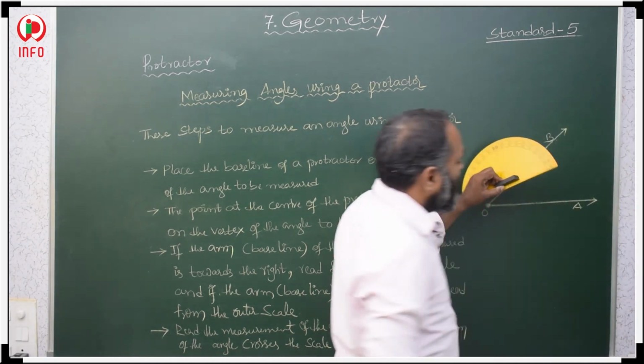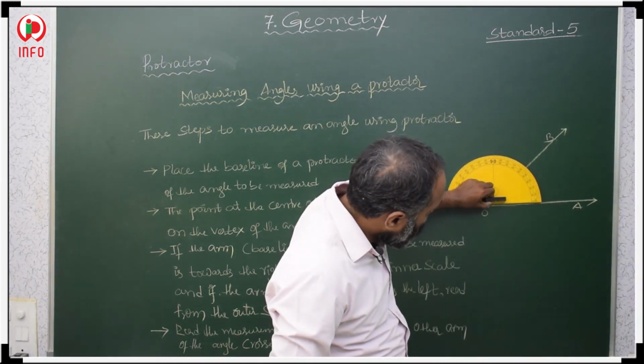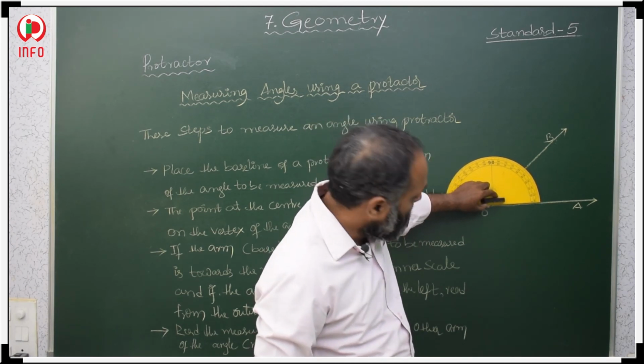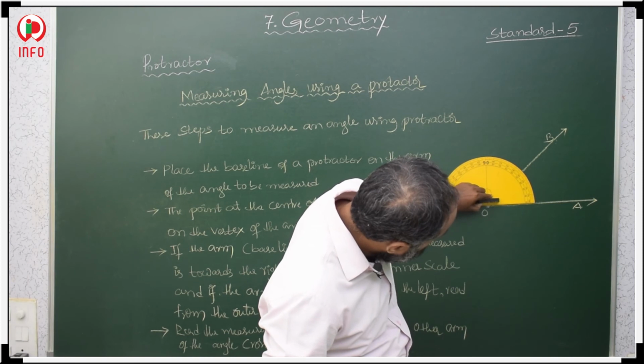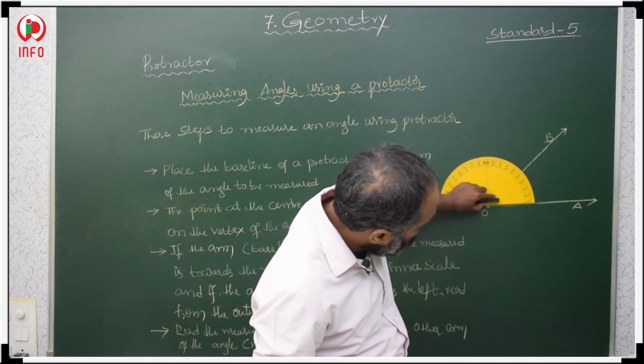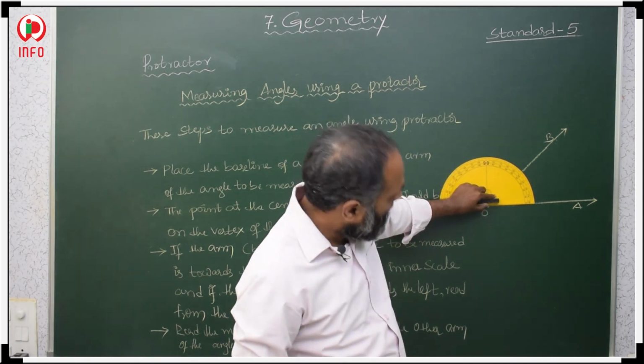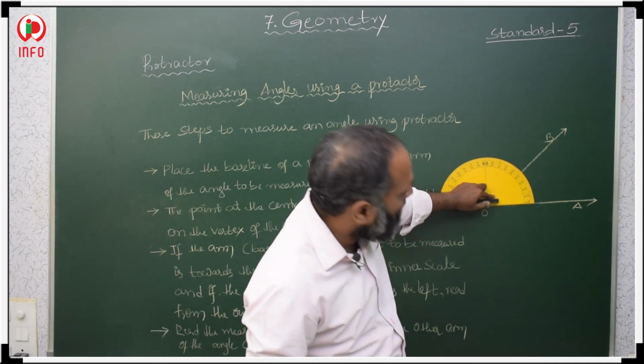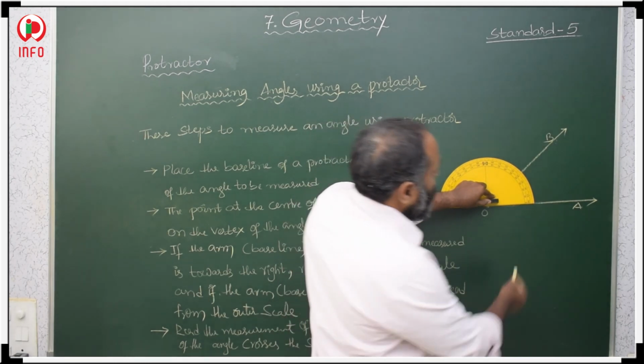Here first, what we have to do? We have to keep this baseline and this arm coinciding with each other, and the intersection point of the protractor should coincide with the vertex. Like this we have to keep. Then we check anti-clockwise.